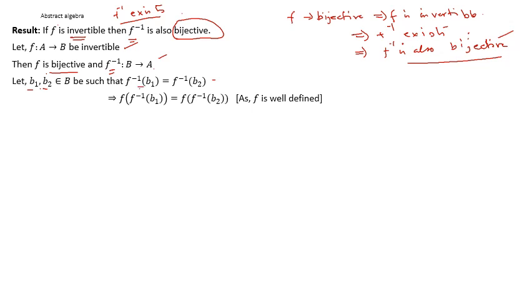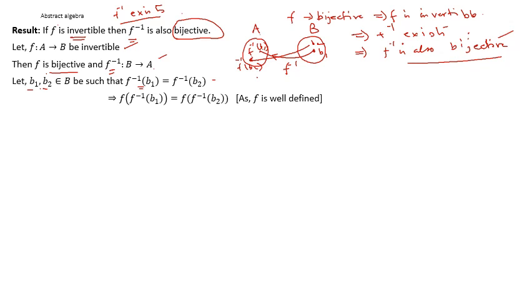But what is f inverse b1? f inverse is a mapping from b to a, so given any b1 here, f inverse b1 is here. This is b2, so this is f inverse b2. So f inverse b1, f inverse b2 are elements of a.